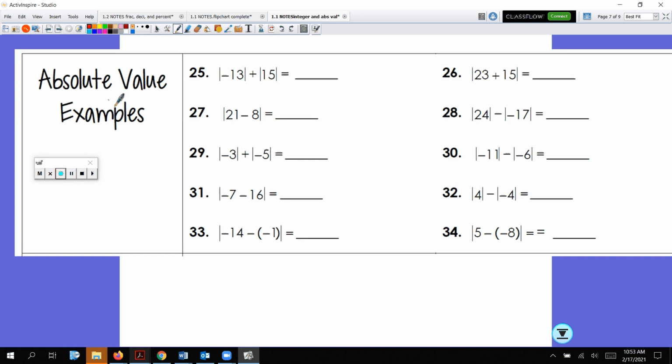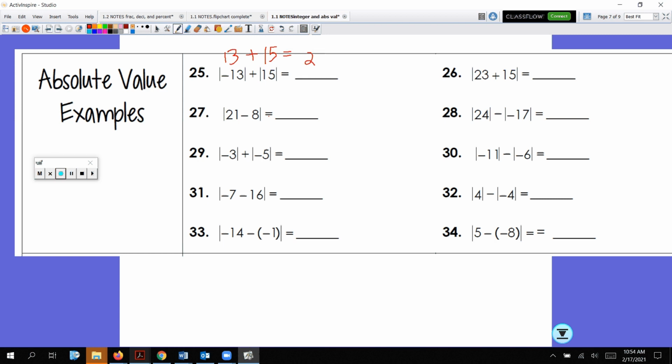All right, so now let's look at some absolute value examples. This is really important because what's inside the bars is always positive, okay? If the operation is not inside the bars, you still need to do the operation. So for number 25, the absolute value of negative 13 is 13 plus the absolute value of 15 is 15.